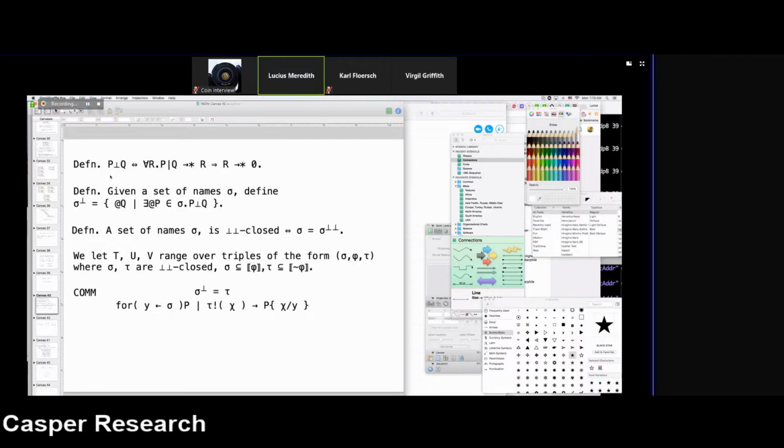Can people see that? Yep. Okay, cool. If for any contract state R, if you run P in parallel with Q, so they can potentially talk to each other, whenever they evaluate to eventually get to a contract state R, then that implies that R eventually terminates, gets to 0.